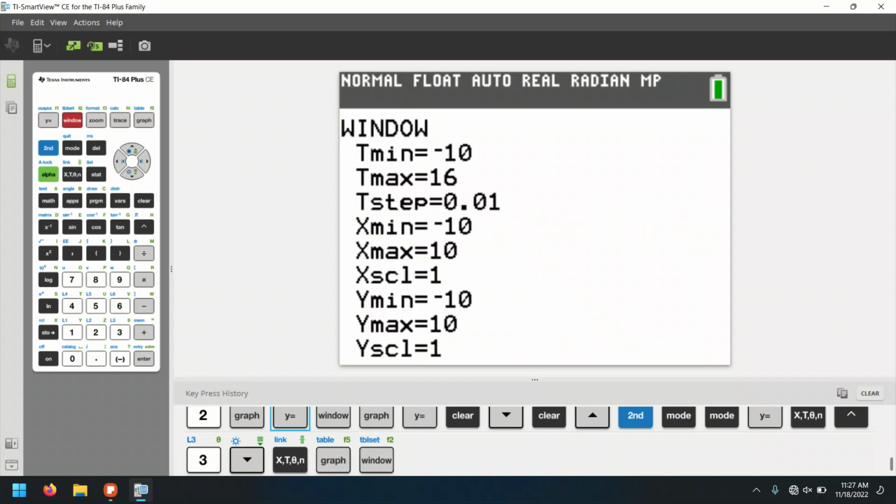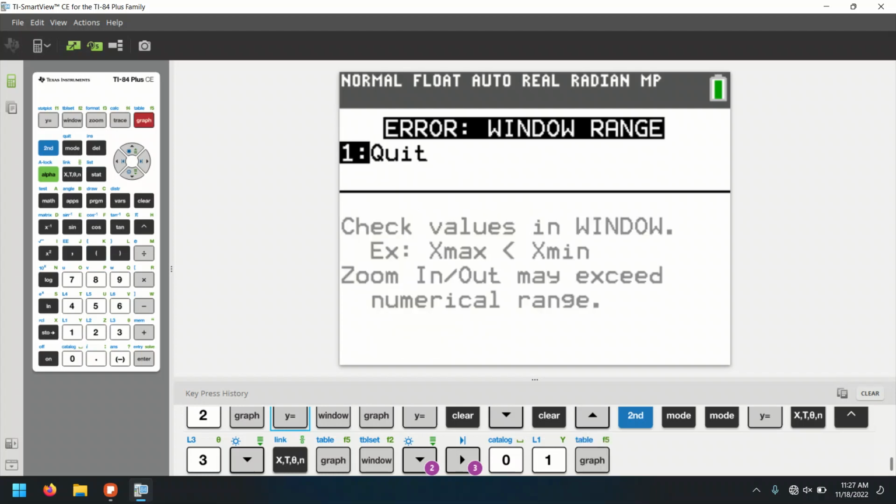Go to the T step and make it a smaller number. I'm going to try 0.01. That's actually plotting more points, so that sure is going to take longer to plot.